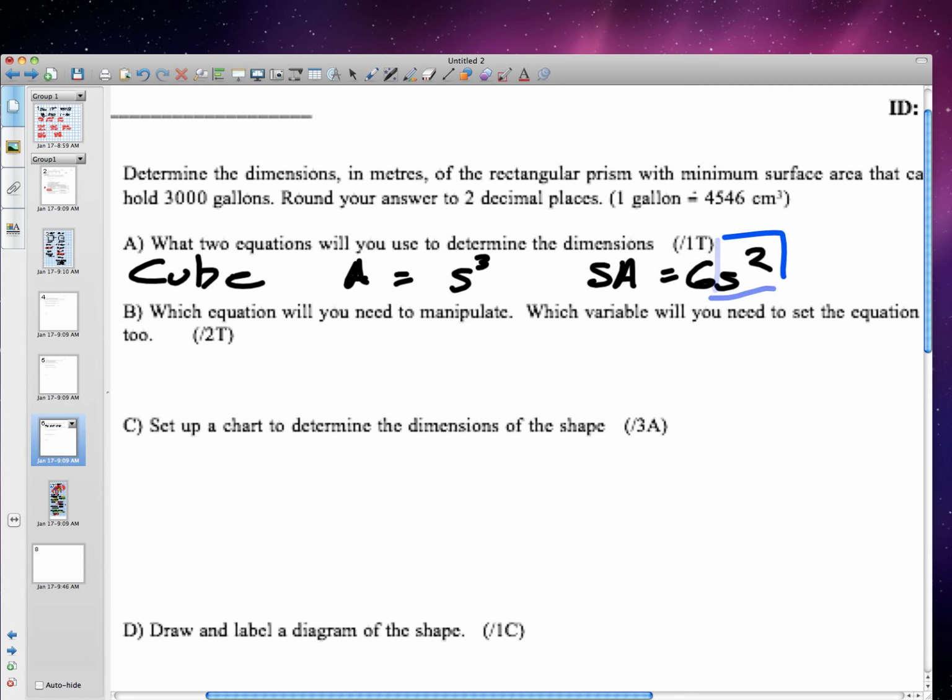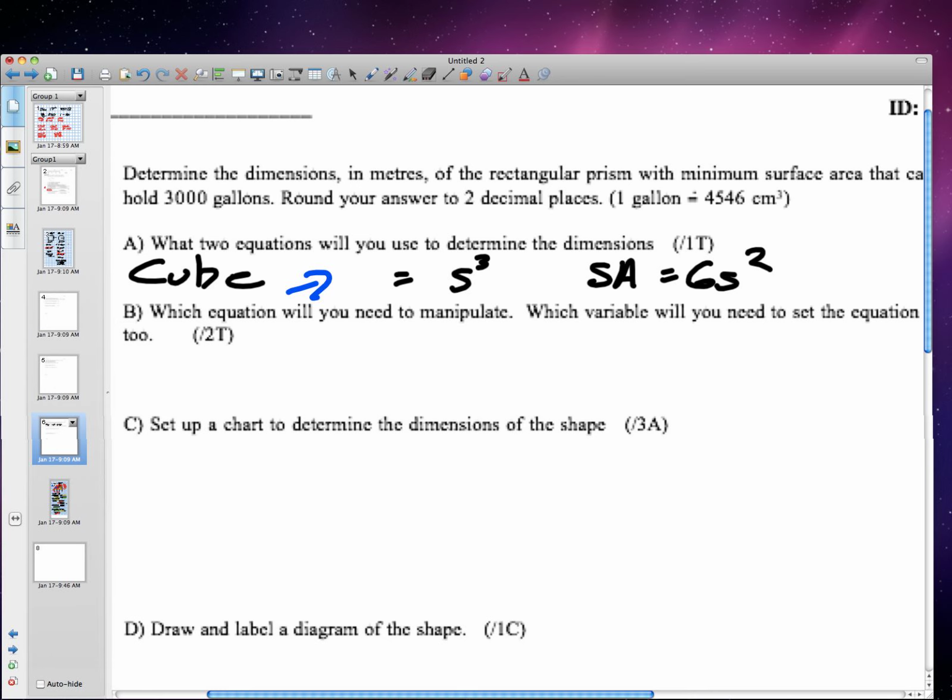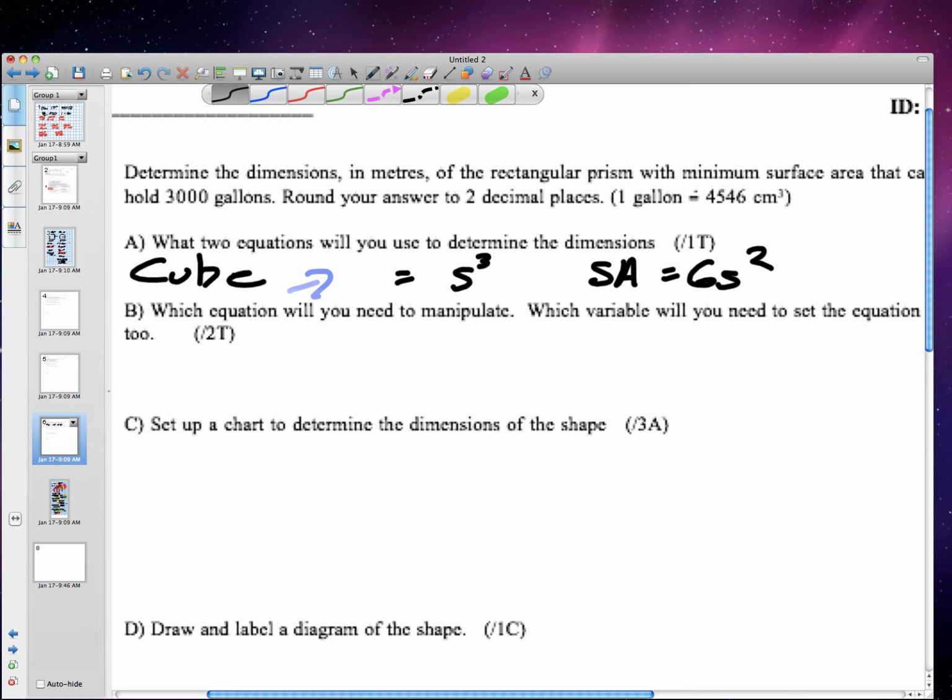Which equation will we need to manipulate first? We'll need to be able to manipulate the area first. Sorry, not area. Volume. We'll need to manipulate the volume first because we're talking about 3,000 gallons, okay? What variable we need to set in the equation.